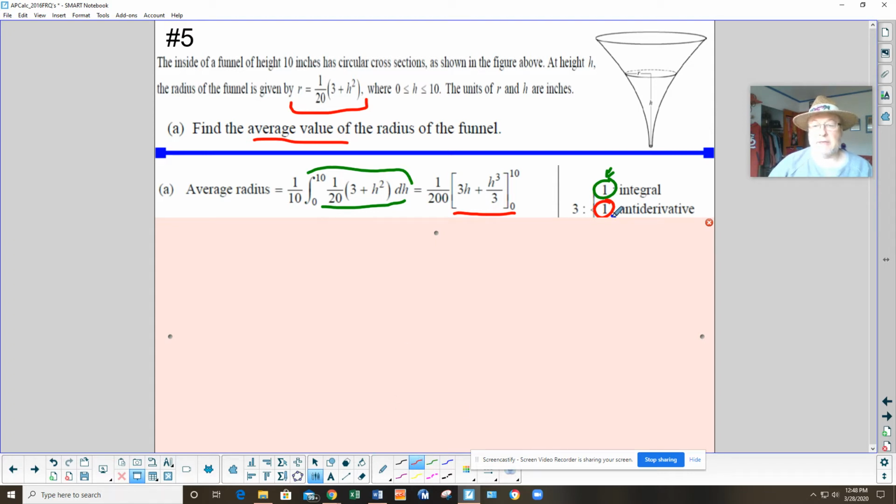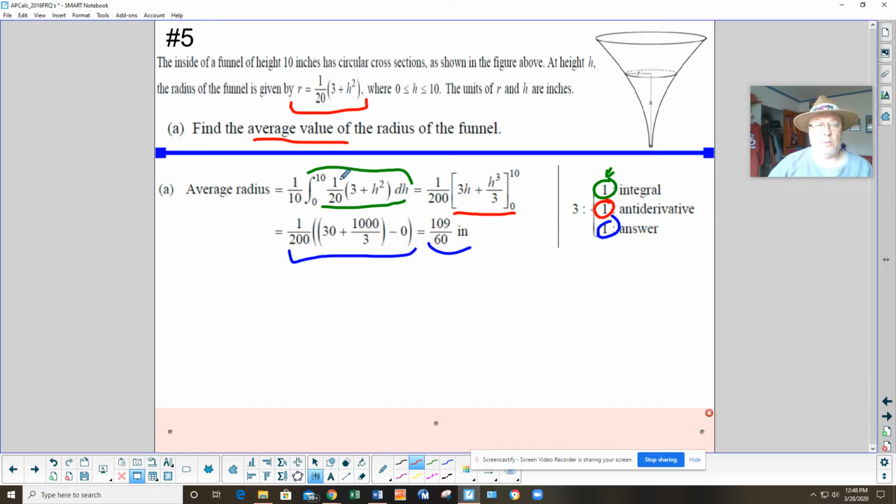Then you have the antiderivative. So how are you going to do this? Well, 1/20th times 3 is 3/20ths, and 1/20th times h squared is 1/20th h squared. So the antiderivative, actually it's probably best to take this 1/20th and bring it in front because it's a constant.